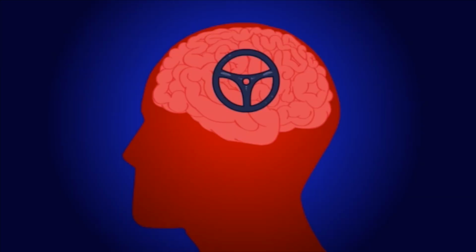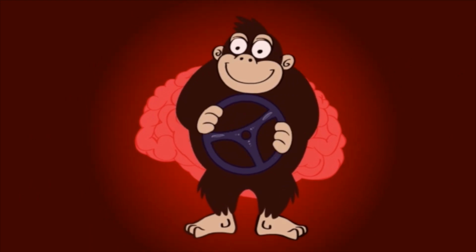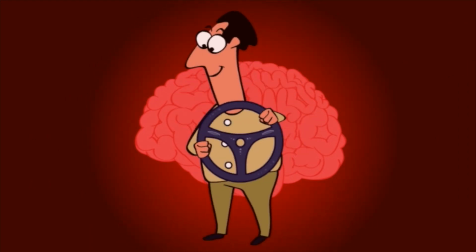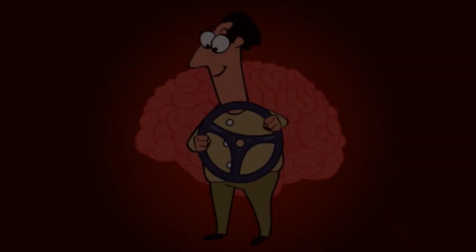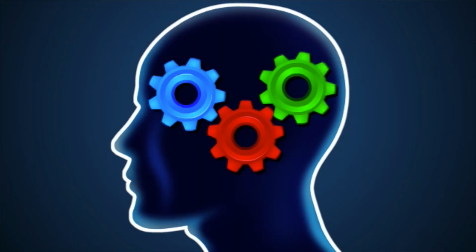Or sometimes different parts of us take the driver's seat at different times, which is why sometimes you'll notice that you may feel differently about the same thing depending on your mood, or depending on what's going on, depending on the environment at the time. And so we've got all these different parts of us wanting different things and often going in different directions, which creates this internal tug of war. This is what you could call internal conflict.